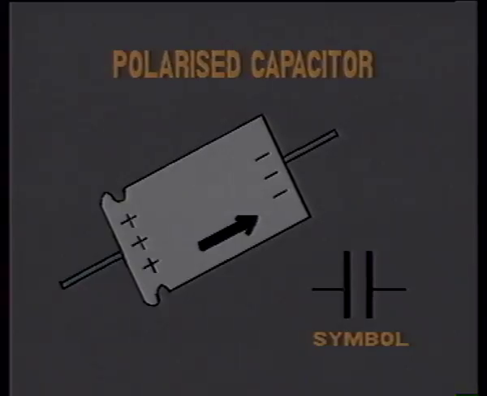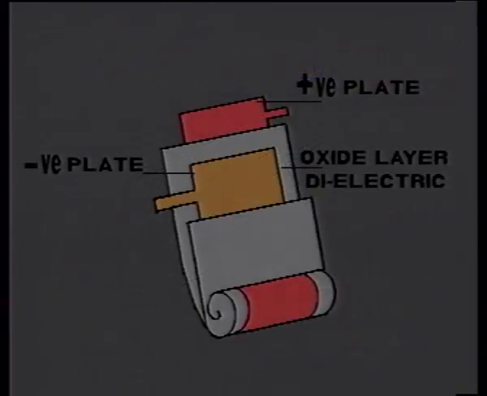Here is a diagrammatic representation of a polarized capacitor along with its symbol. This is also called an electrolytic capacitor. Electrolytic capacitors are made to hold large amounts of charge.